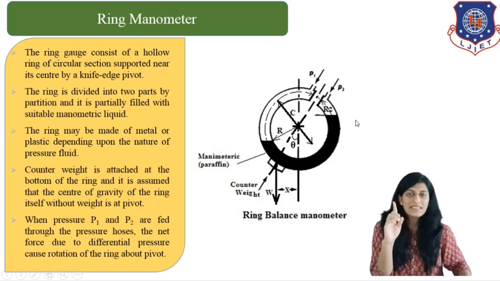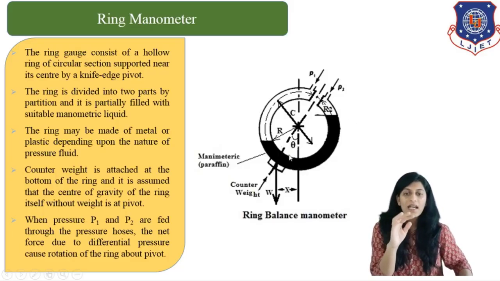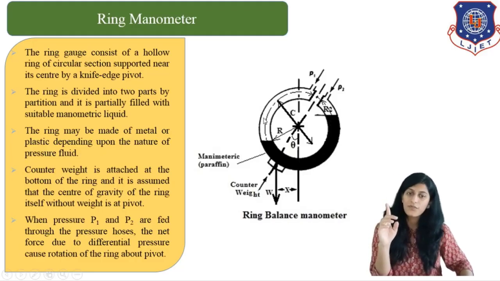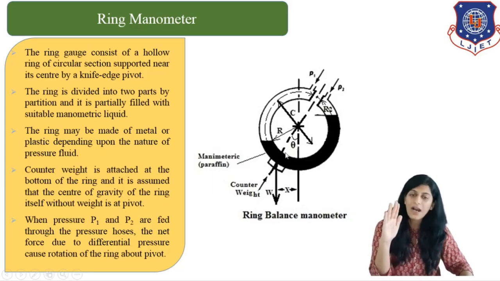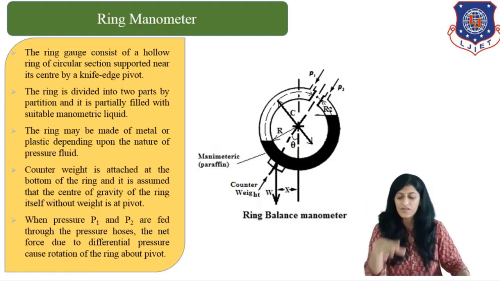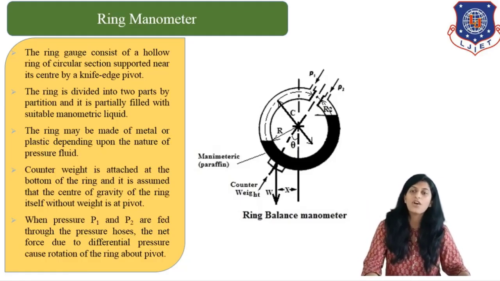The difference is the only theta here. As the pressure is exerted, the manometric fluid will flow, and the movement of the manometric fluid will be counterbalanced using the weight, and theta will be the inclination angle which will help us to determine the differential pressure in the case of a ring manometer.